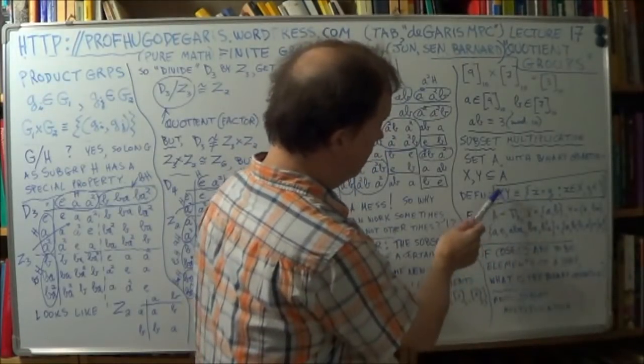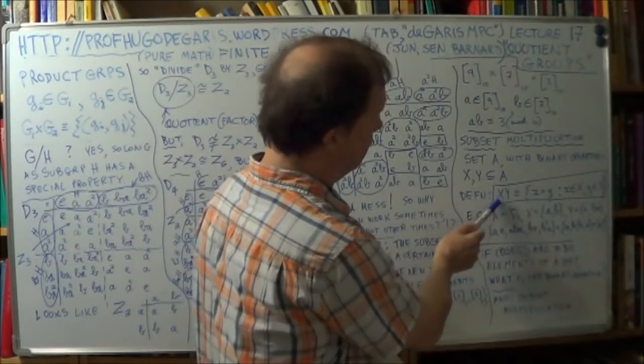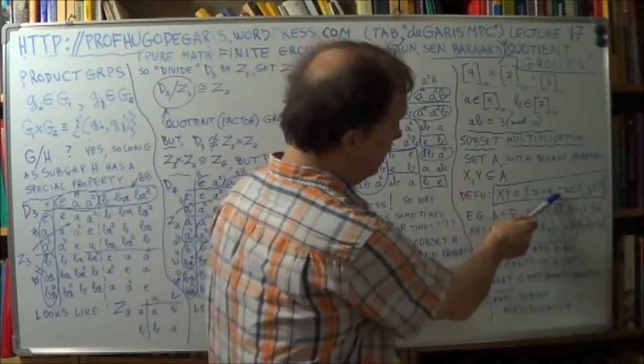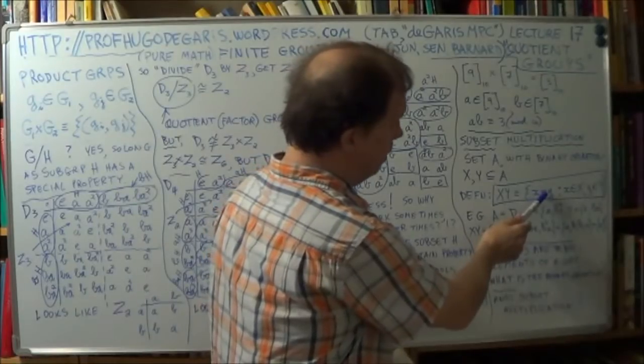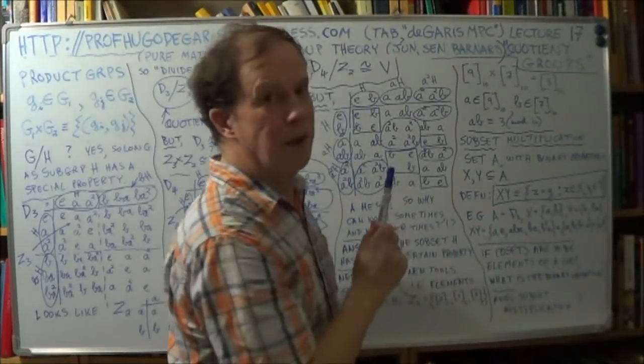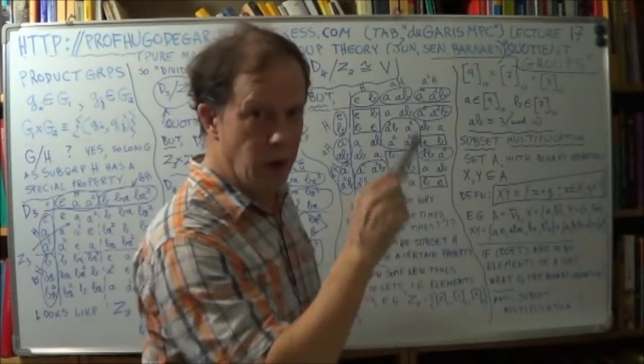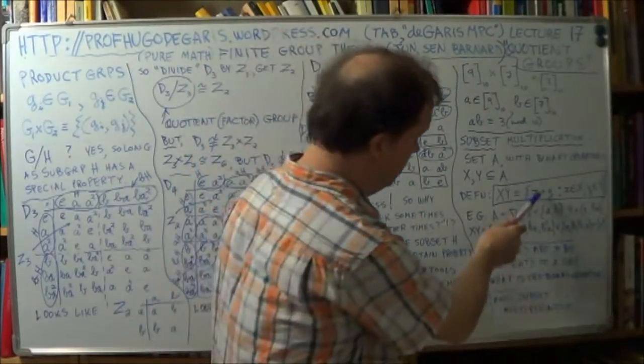Now, x is before y here. X is on the left. So these are ordered pairs. The order is important. So x binary operator y often would be different from y binary operator x.